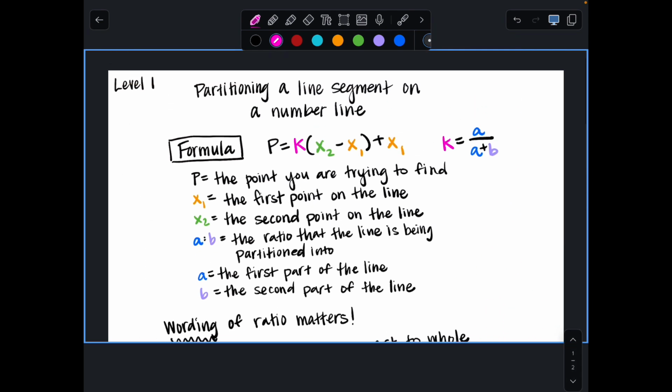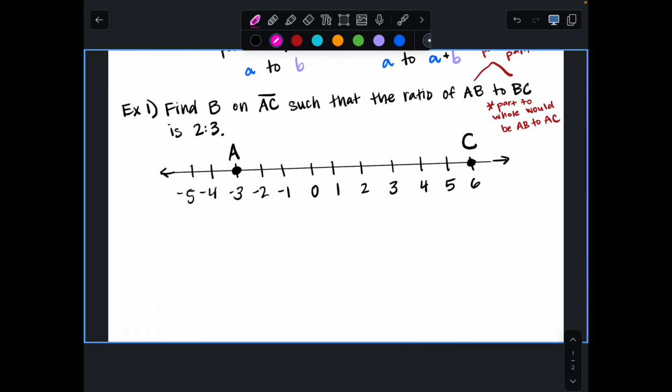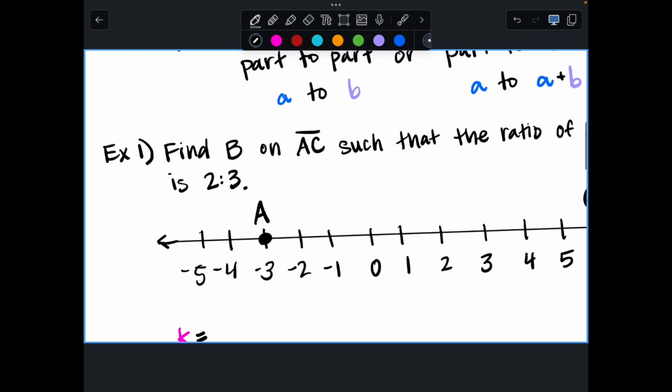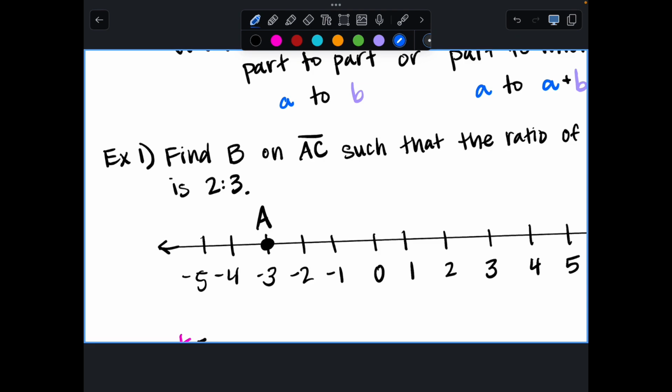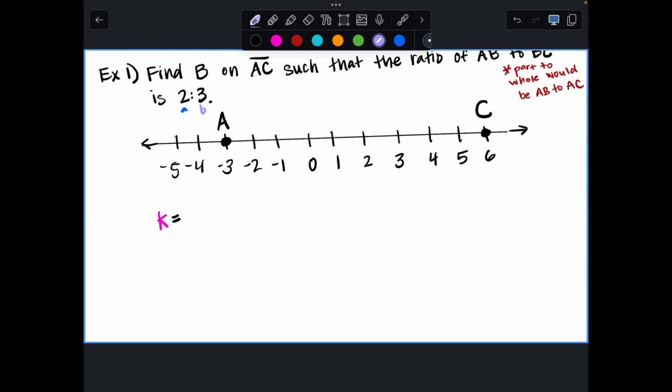Okay, so let's find K. Remember, we're using A over A plus B because that's what gives us a fraction. So let's label the things here. This is our A, this is our B. Use the numbers: 2 over 2 plus 3.